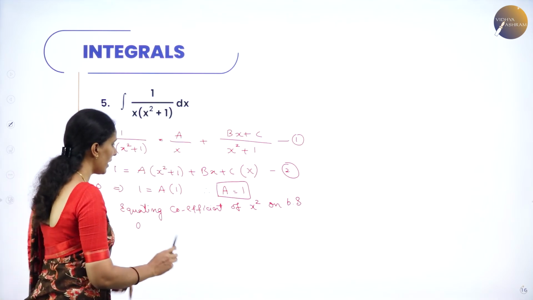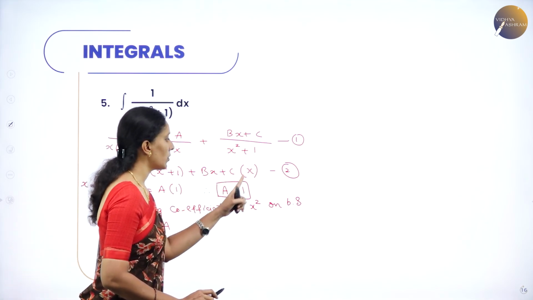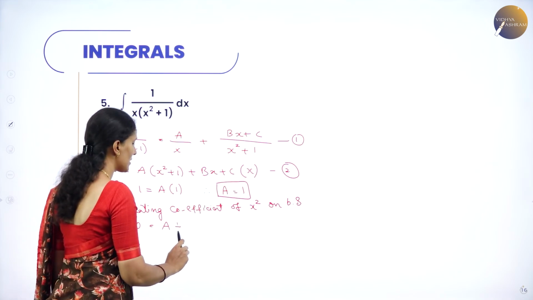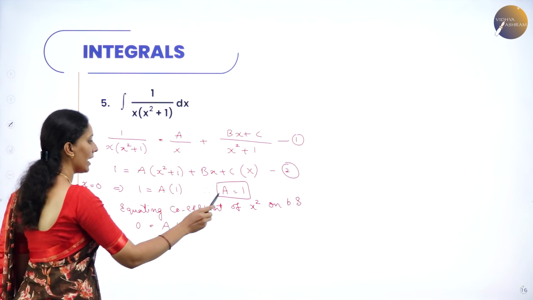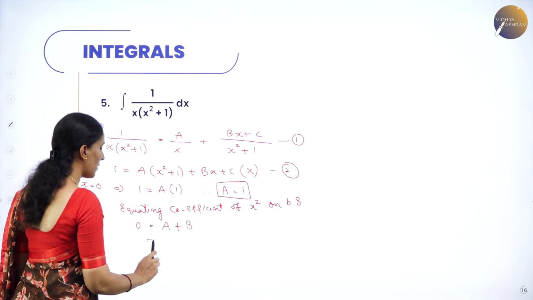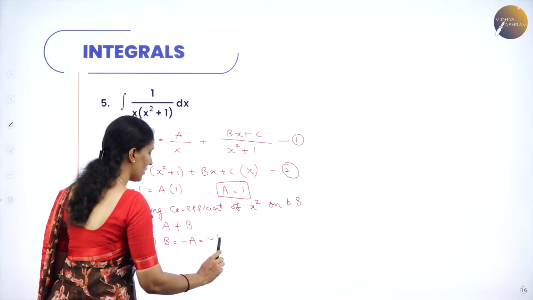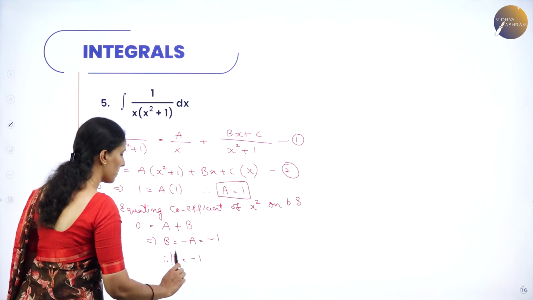On the left hand side, it is a. And here you have bx into x becomes bx square. So therefore, you can take b as a coefficient of x square. Now you got a is equal to 1. So this implies b is equal to minus a, which is nothing but minus 1. So therefore, the value of b is minus 1.